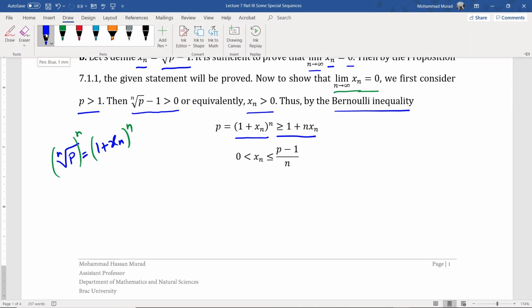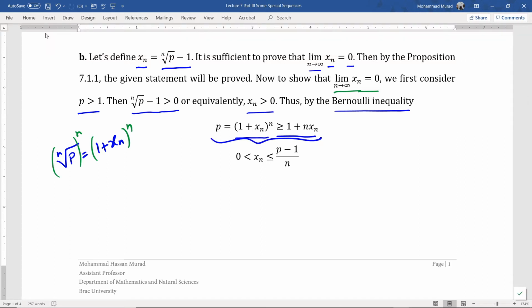So now the equation can be written in this form by solving for x sub n. And we earlier proved that x sub n is positive. We have these two inequalities.